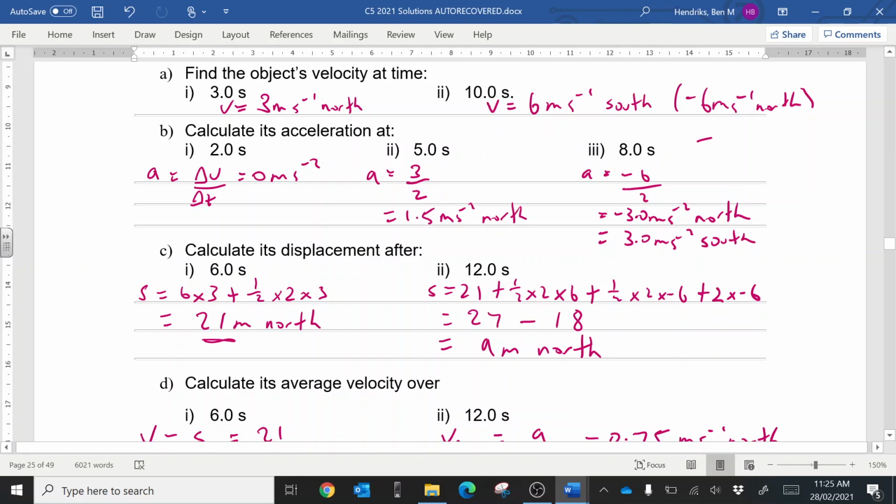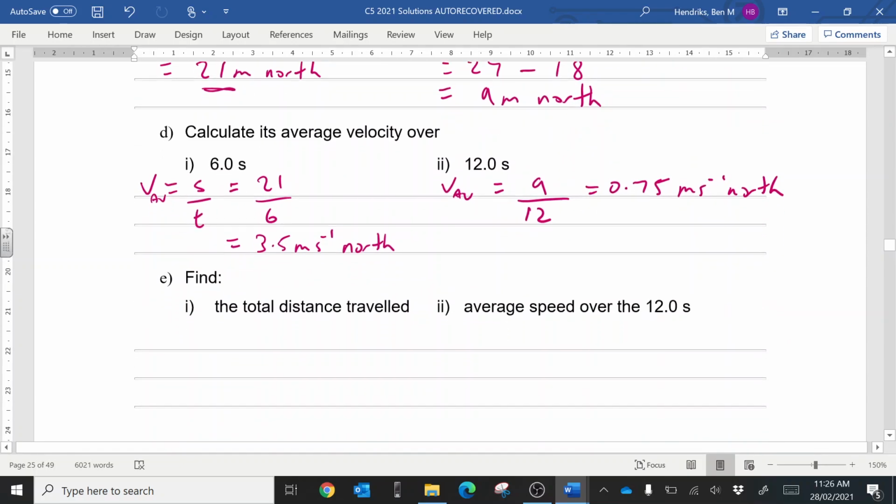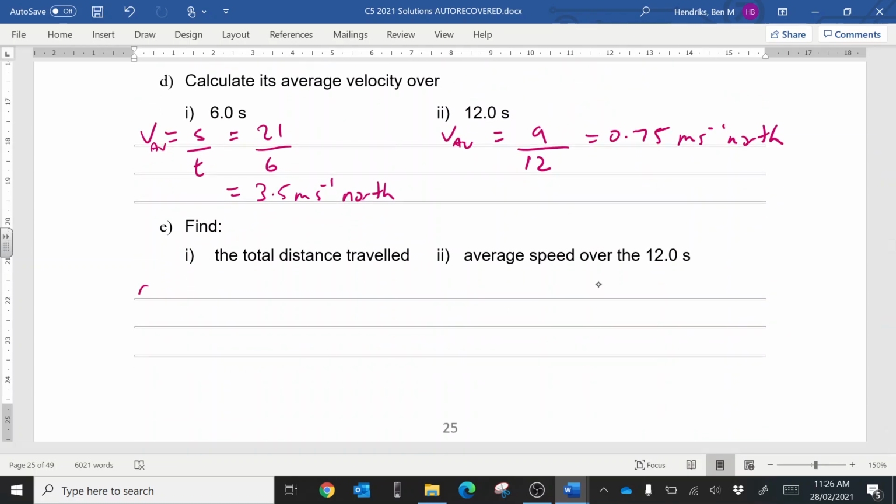But remember that distance doesn't care what the direction is, it's just absolute numbers. So in total, distance equals 27 plus 18, which is equal to 45 meters.